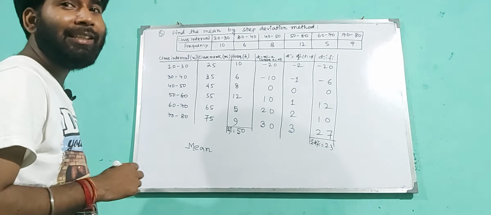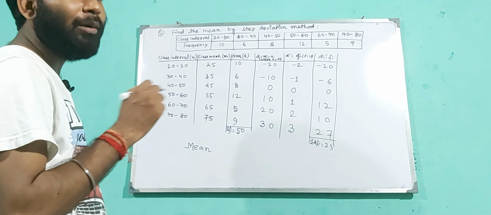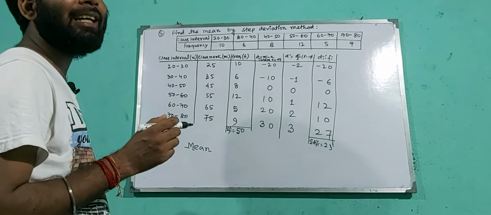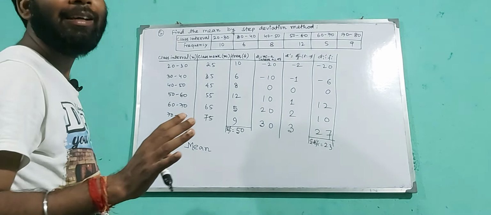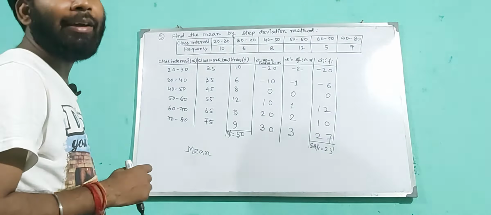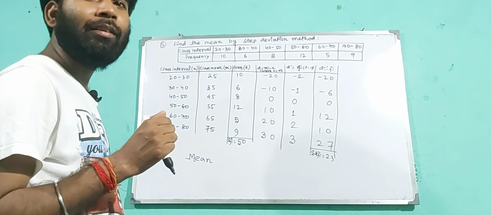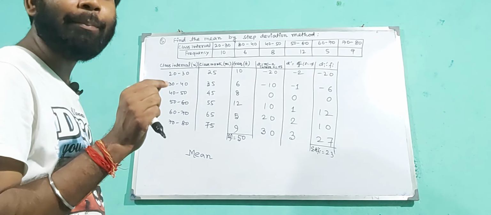You can understand mean. Now it is a little different. In the first case, in the direct method, what? Only sum of fi mi by sum of fi. In the second case, sum of fi di by sum of fi plus a, the assumed mean.